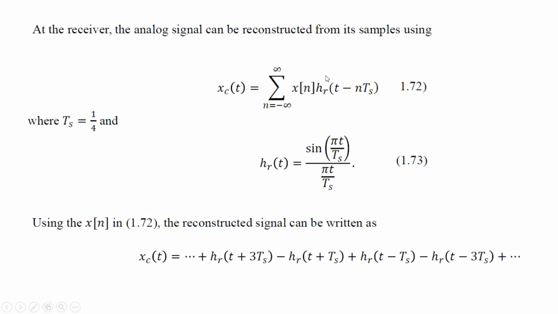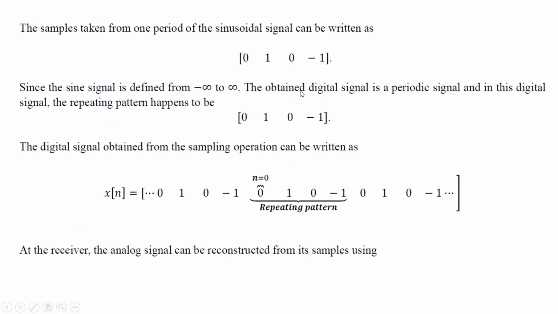Now we will use this expression for reconstructing the continuous time signal from the digital sequence, and we will use this filter, right? We've already seen this is the sinc function, the impulse response of the reconstruction filter. Now what is the digital sequence that we have already seen? It is 0, 1, 0, minus 1.